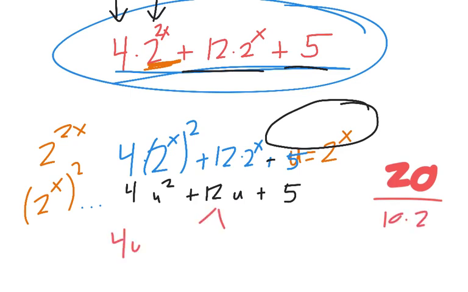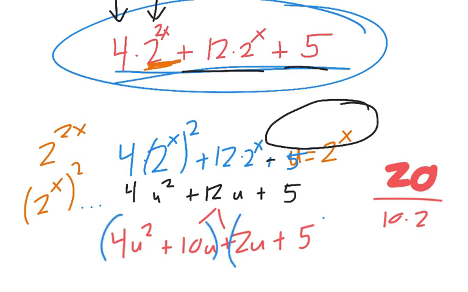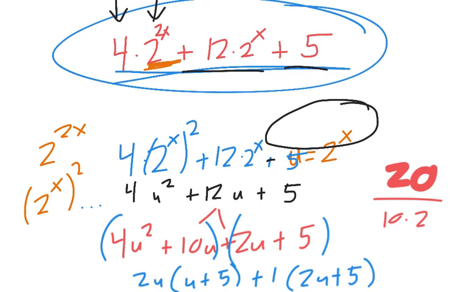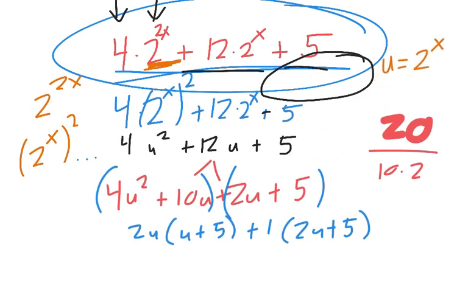So I can rewrite this as 4u squared plus 10u plus 2u plus 5. And then I group. And this has a GCF of 2u, which leaves me with 2u plus 5. This one has a GCF of 1, which leaves me with 2u plus 5. And so I am left with what's in front of the parentheses, 2u plus 1 times the matching parenthesis, u plus 5.